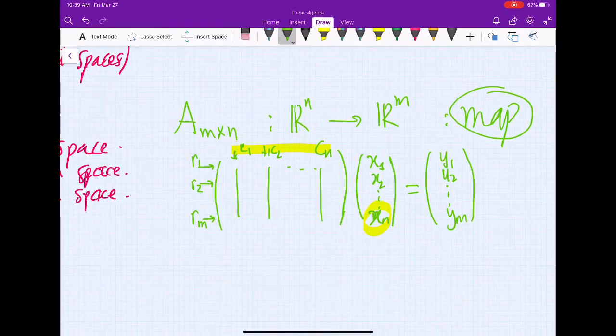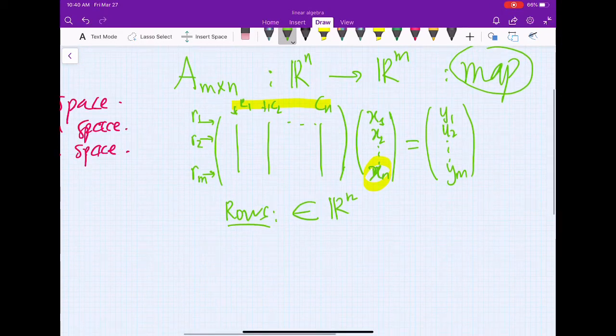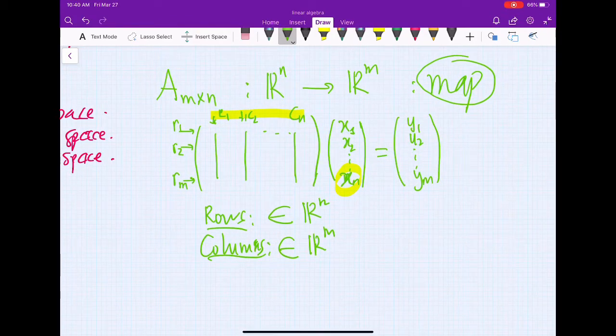And then rows are vectors in Rn, and columns are vectors in Rm. And once you have a set of vectors, you can consider subspaces generated by those vectors.